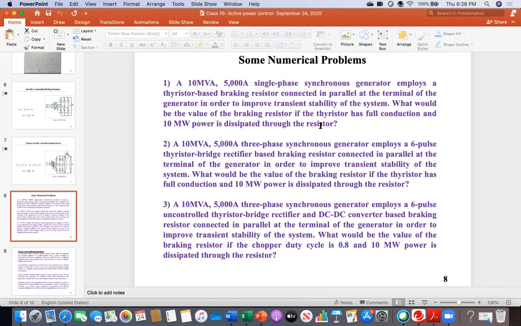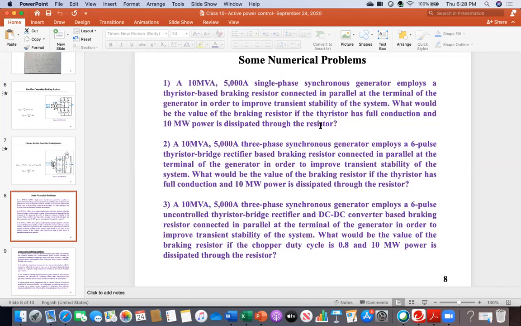Dr. Ali, is it 0.364? Yes, I got 0.364. Looks like a little bit deviated. What was your VDC value? 1909.